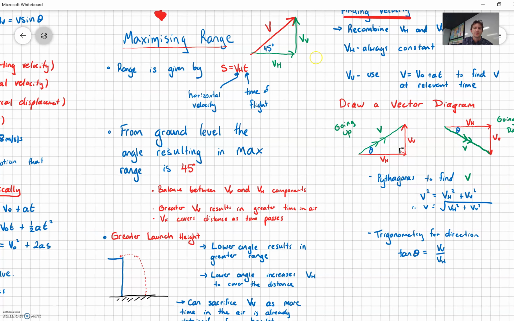So in this vector diagram, if this angle is smaller than 45 degrees, and we have the same starting velocity, you can picture taking that arrow and rotating it so it goes a bit further downwards. So more of it is going in the horizontal direction, so your horizontal velocity gets larger.